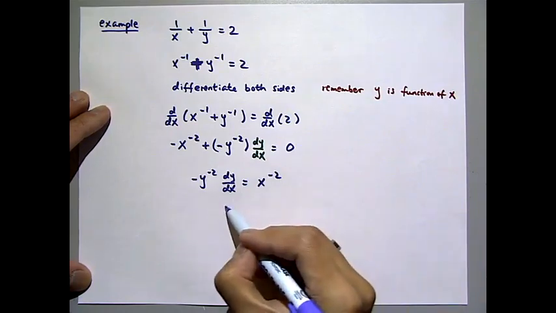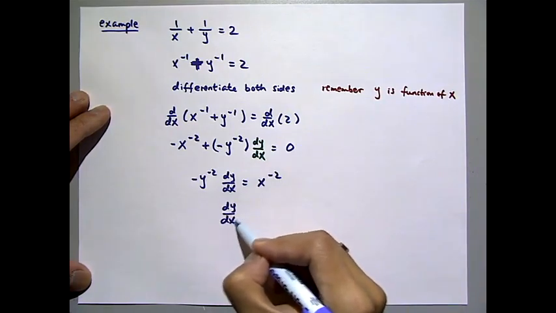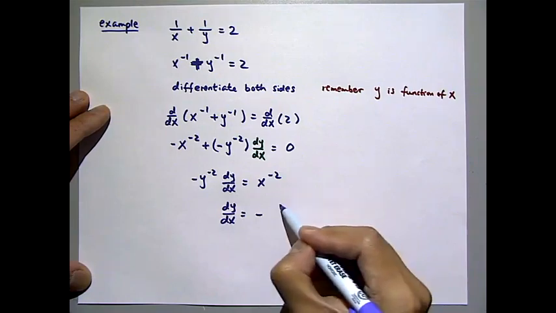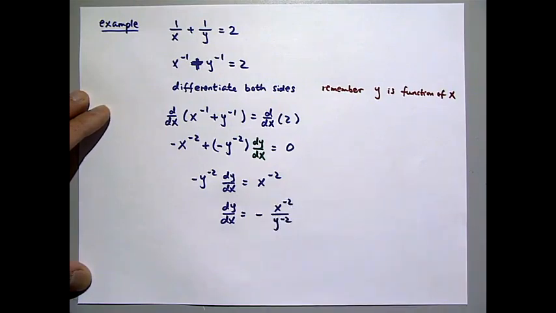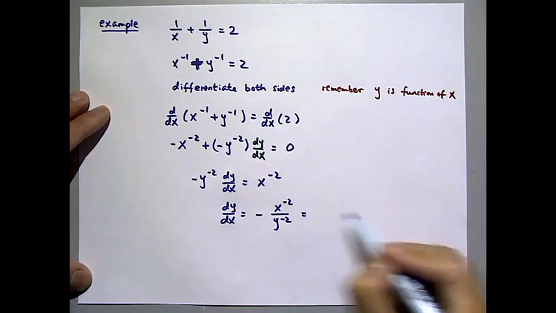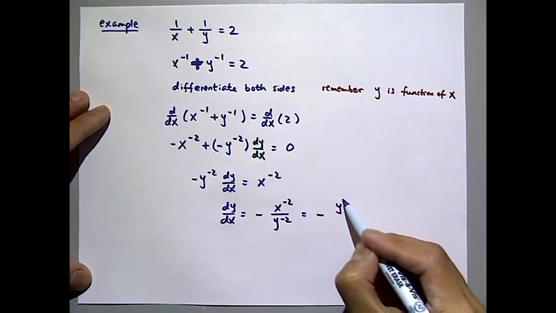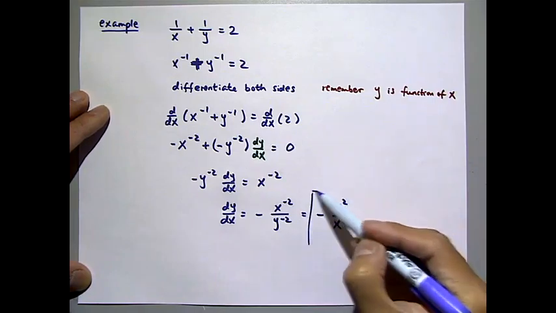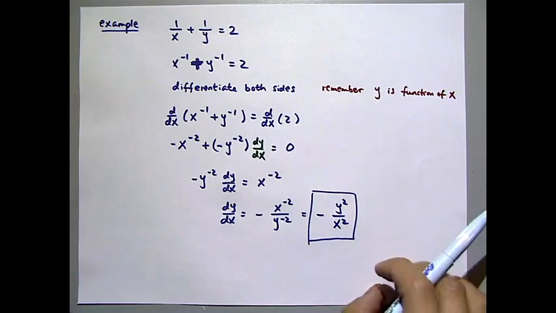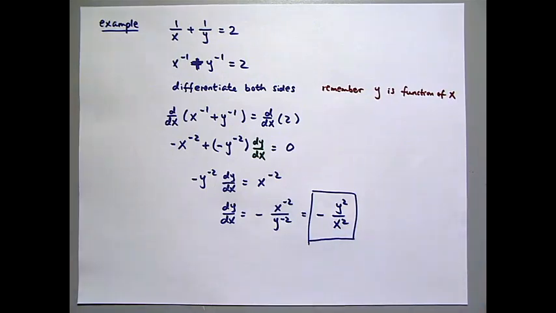So dy/dx is equal to negative x to the minus 2 over y to the minus 2, or negative y squared over x squared. Okay, does that make sense? Any question on this one?